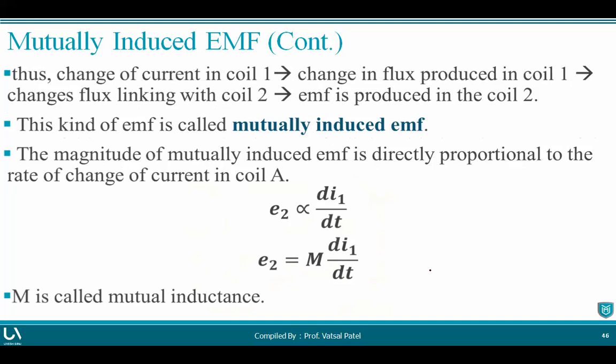The magnitude of this mutually induced EMF is directly proportional to the rate of change of current of coil 1. So you can say it depends upon the current flowing in coil 1.